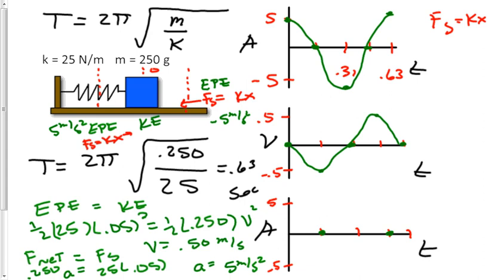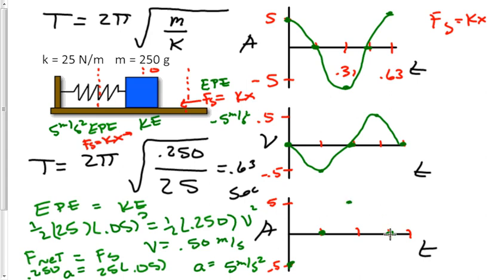So we're going to start off at -5 initially here, because we're located at this position here. When we get to here, see how our acceleration will go to 0 because our stretch will be 0. So force net is always equal to force spring. And then when we reach here, we'll have maximum compression of the spring, which means maximum acceleration back that way. So that'll be a 5.